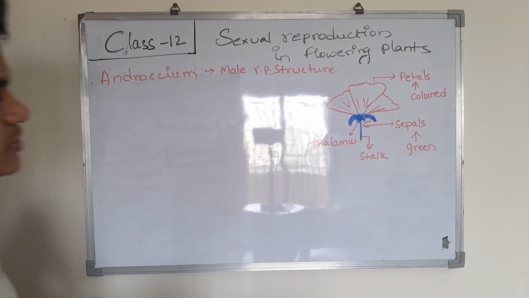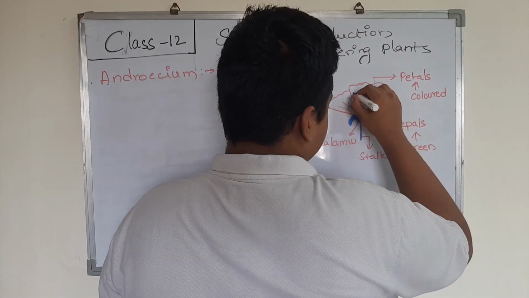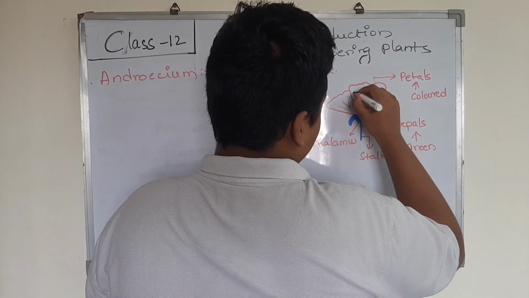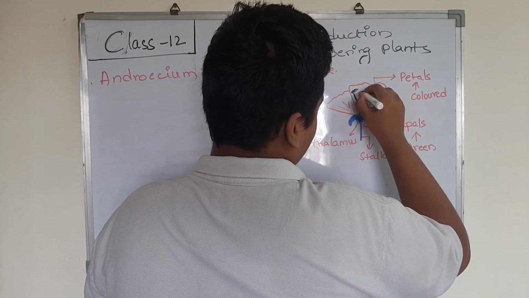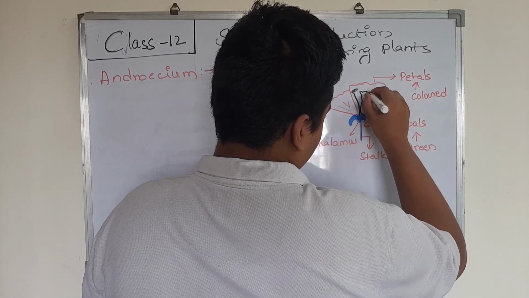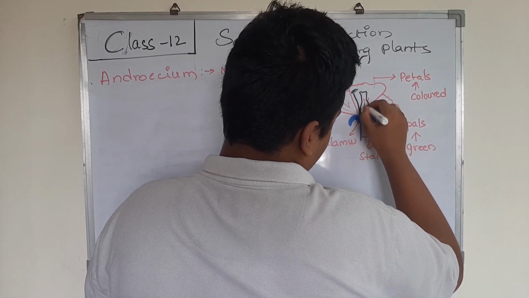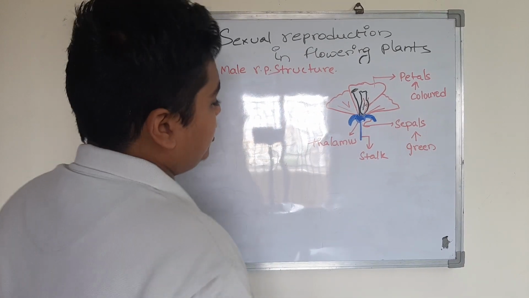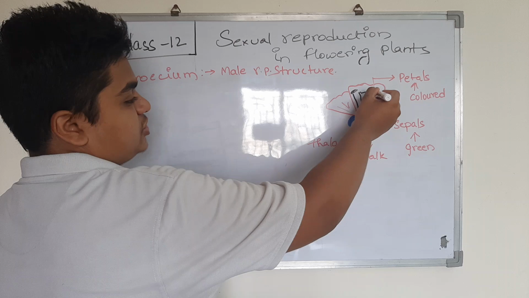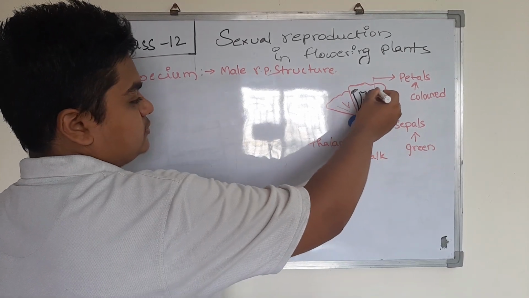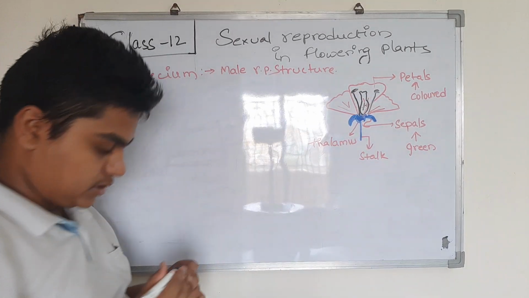I am drawing them in black color. Just see, these are the two extra whorls which you generally see when you cut.